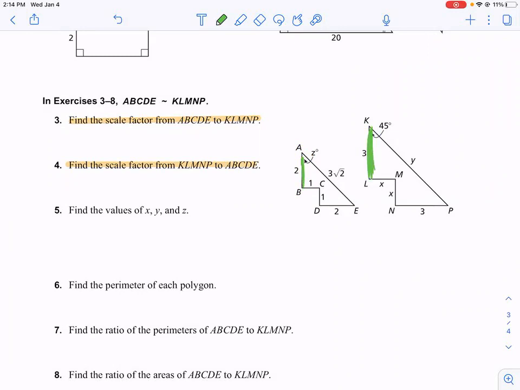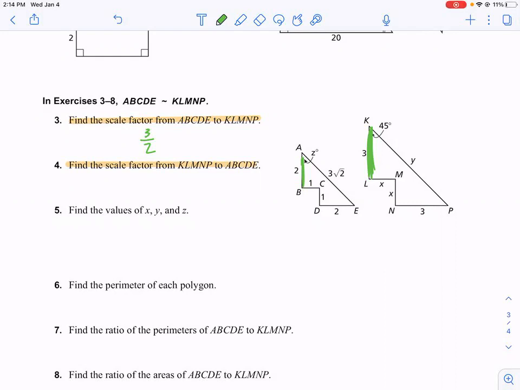Okay, Carson, what do you have for the scale factor from ABCDE to KLMNP? 3/2. Do you agree with that? Okay, so remember, the first one is for our denominator, the second one is our numerator.